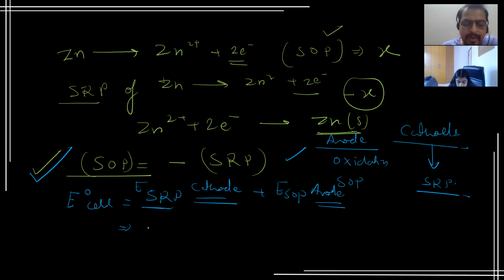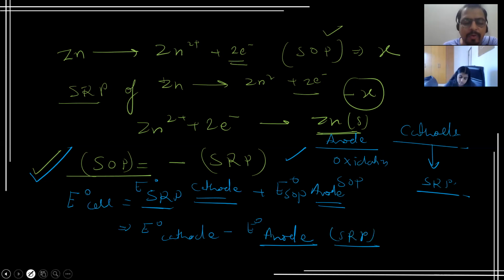Or you can write it like this: E naught SRP cathode minus E naught SRP anode, or E naught cathode minus E naught anode in terms of SRP. If we take the SRP of both cathode and anode, it will be the minus sign. Cool?